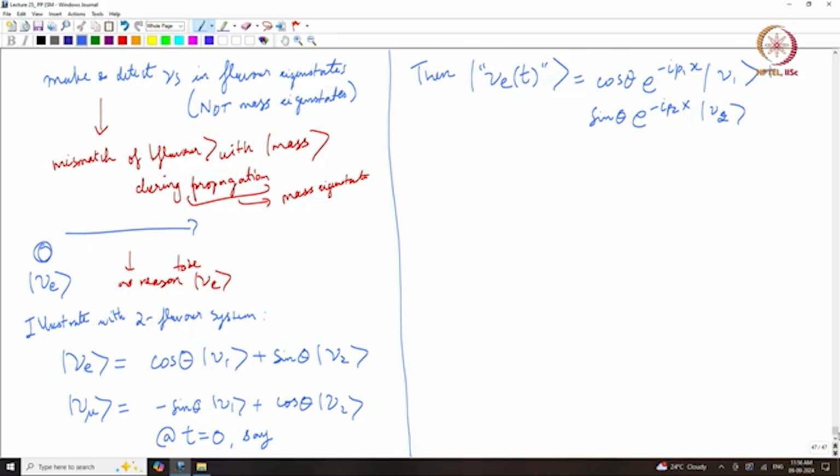Okay. To see that really, I have to do one more approximation to this. I am going to inspect these terms, the p dot x, in the evolution, it is e power i, E t minus p dot x, correct.